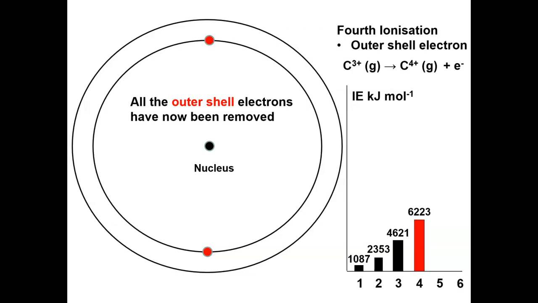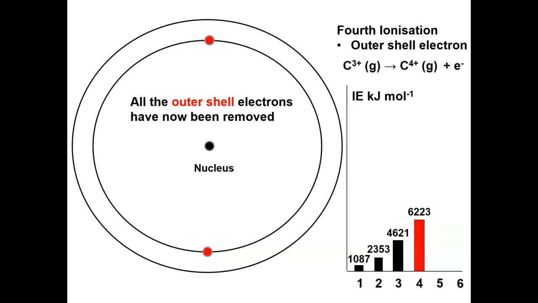So although we've got a C4+ gaseous ion, we've still got 6 nuclear protons pulling in, holding on to those remaining 2 electrons. Now helium only had 2 nuclear protons. So we've got 3 times as many nuclear protons to pull in those remaining 2 electrons.